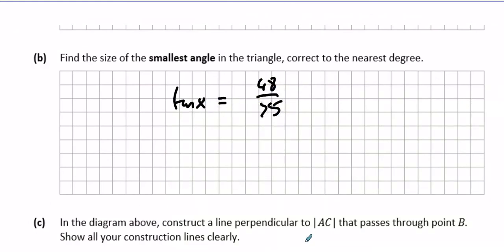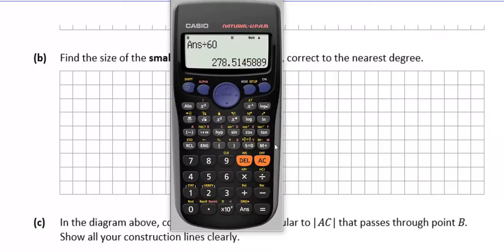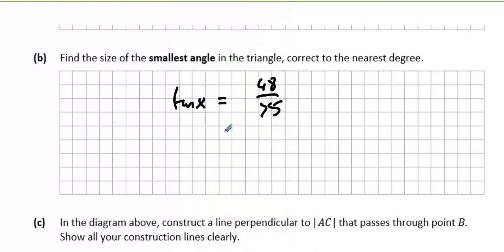Tan inverse that to find the angle. Shift tan inverse 48 over 75, which is 32.61 degrees, which would be 33 degrees to the nearest degree. Okay, and x equals tan inverse 48 over 75.